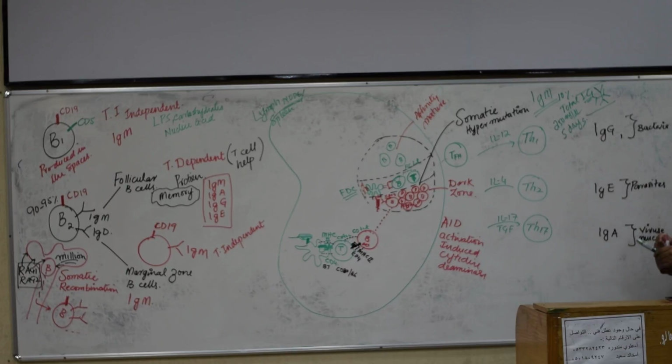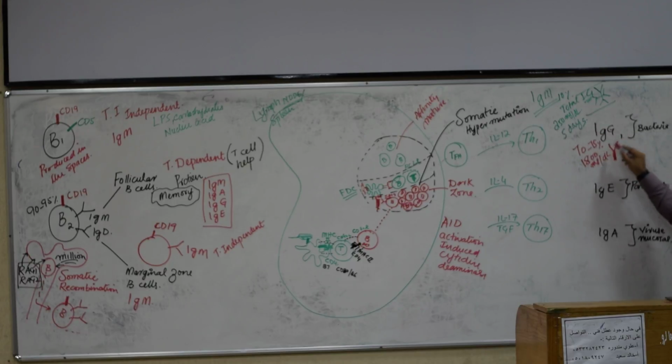Now coming to IgG. IgG is a monomeric structure, so it's this Y-shaped structure. It is about 70 to 75% of the total pool, so it's very huge. The concentration in the blood is maximum for IgG. How much is it? Around 1800 milligram per dl. So the concentration is too much.